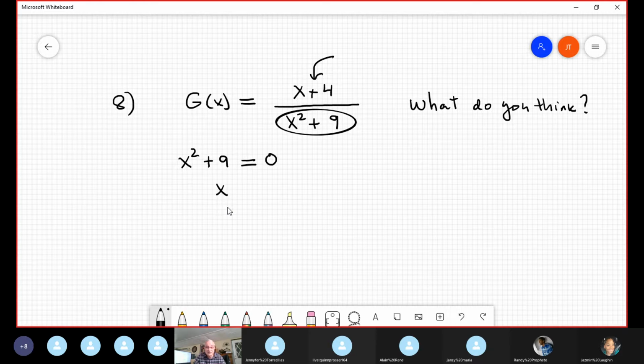Yeah, I realize this is imaginary, right? The potential restriction is completely out of the real number line. Therefore, the domain is all real numbers.